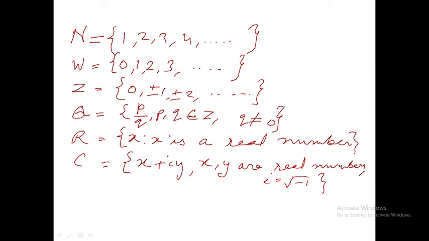So these you should know. What is a natural number, what is a whole number, what is an integer, what is a rational number, what is a real number, what is a complex number. But in this chapter, we shall mainly stick to natural numbers.